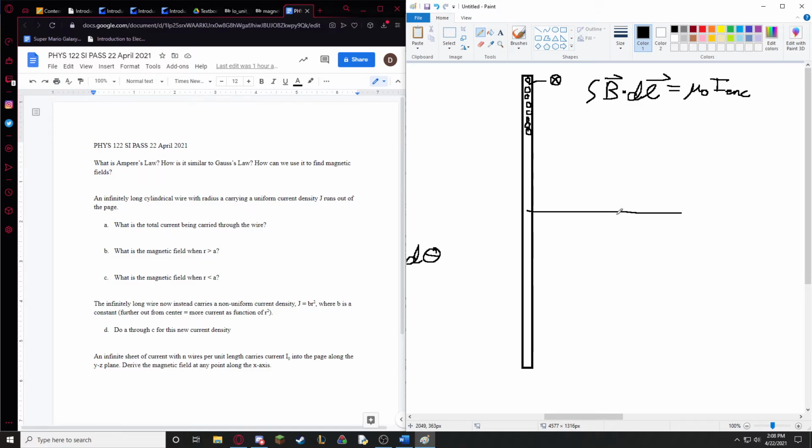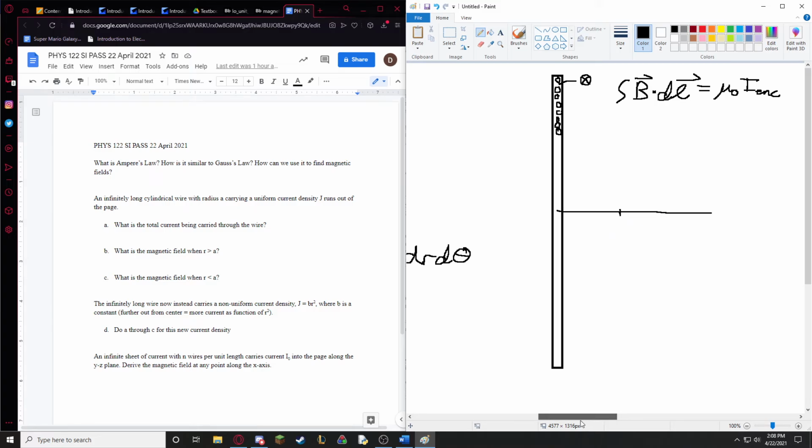Next would be the Amperian surface. So what's that going to look like? Let's say we want to find it right here. What is our Amperian integral path going to look like?